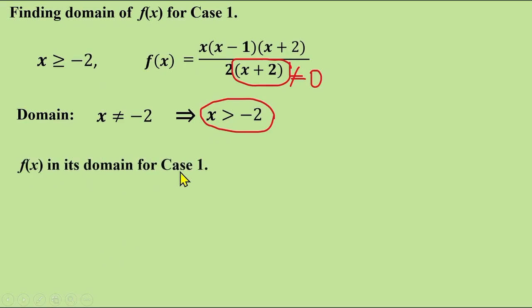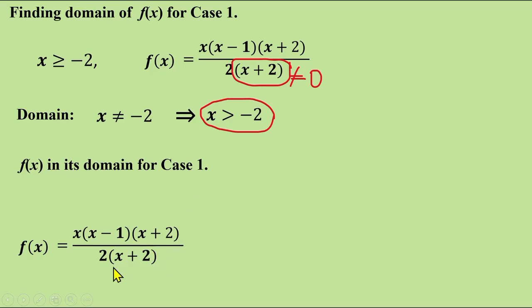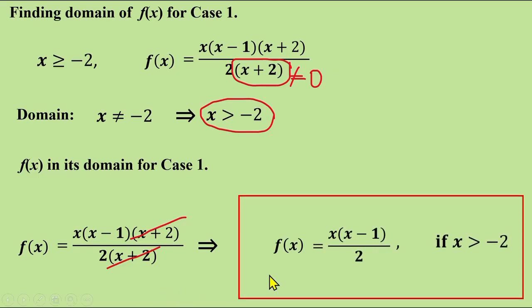So we take this expression here. Now we know that x plus 2 not equal 0 because we are in the domain of function f of x, and we can cancel, and what remains is actually the simplified expression for f of x in this interval.